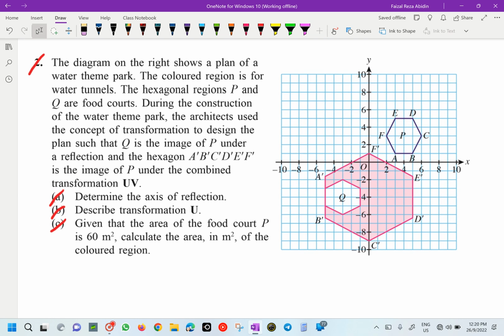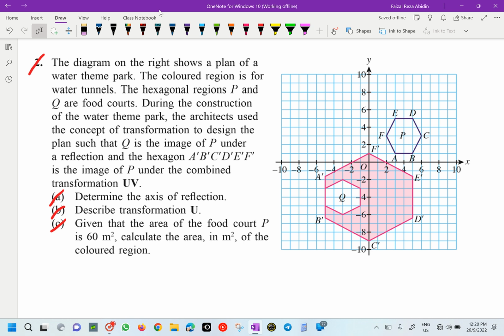The diagram on the right shows a plan of a water theme park. The colored region is for water tunnels. The hexagonal regions P and Q are food courts. That means our food court is going to be our object, right?